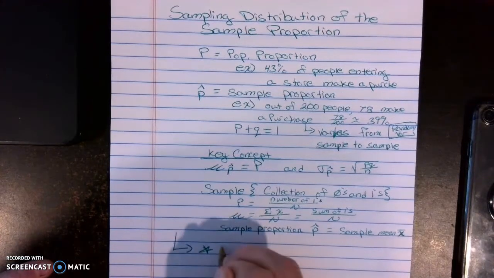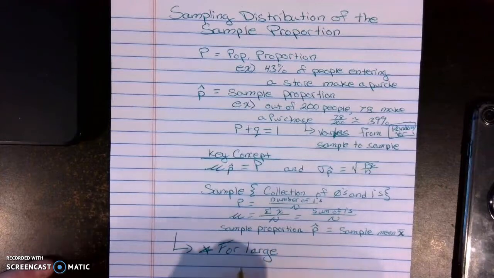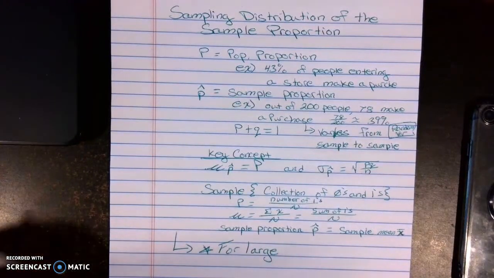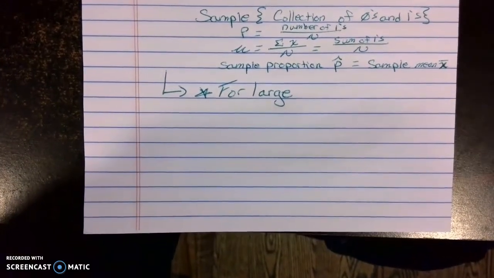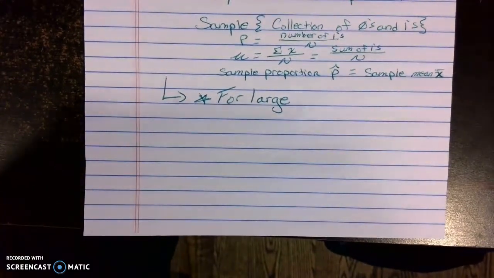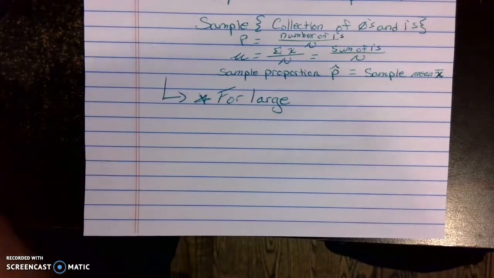This is a key piece for larger samples. Remember, in that simulation, as our samples got larger and larger and larger, we started to see that there was in fact a bell curve shaped graph occurring.